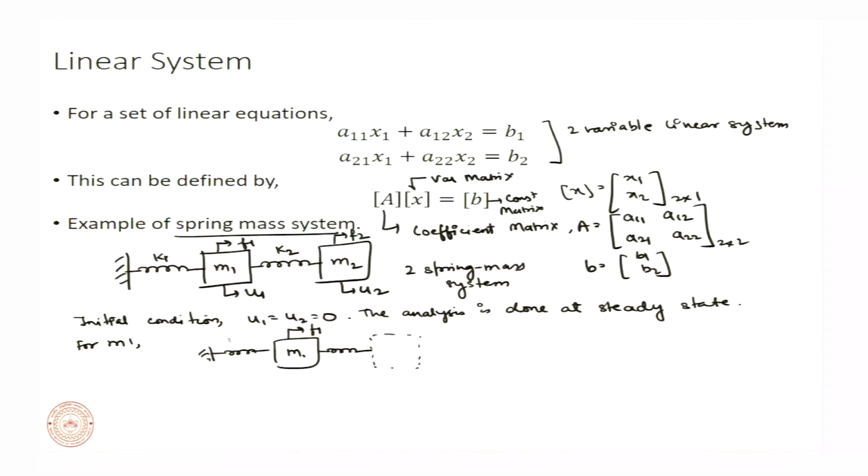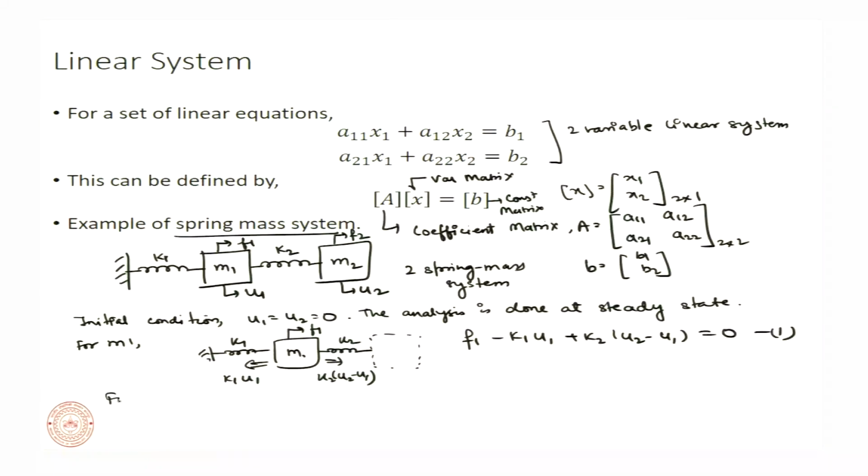This is F1, this is K1, this is K2. So, in this direction you will have a force of K1 U1 and in this direction you will have a force of K2 (U2 minus U1). So, by force balance we can say that F1 minus K1 U1 plus K2 (U2 minus U1) is equal to 0. This is our equation 1.